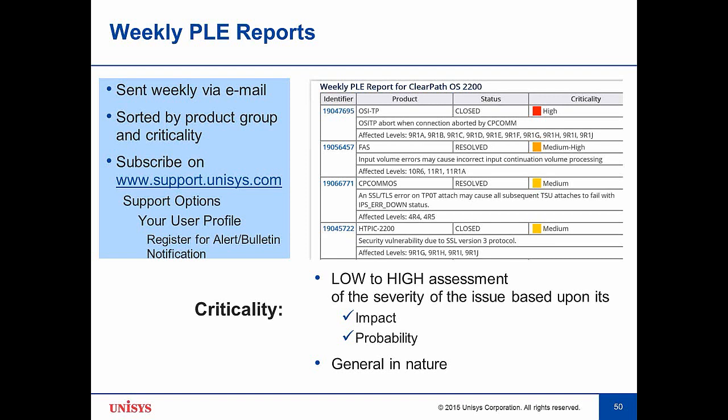If you go to www.support.unisys.com and under support options, you'll see a link that says your user profile, and you can register to receive these weekly emails. Each one of your sites has a coordinator that can add other users as well, so it doesn't have to be limited to a small number of people. You can add additional people and get these weekly emails. We've been getting lots of positive feedback.